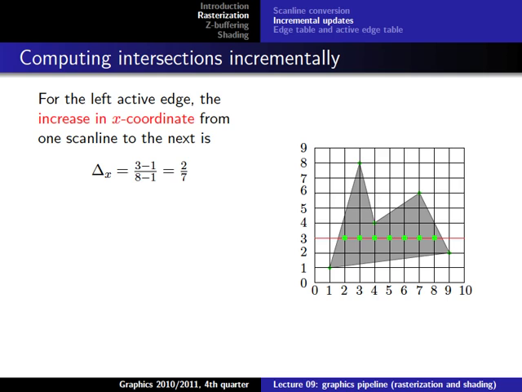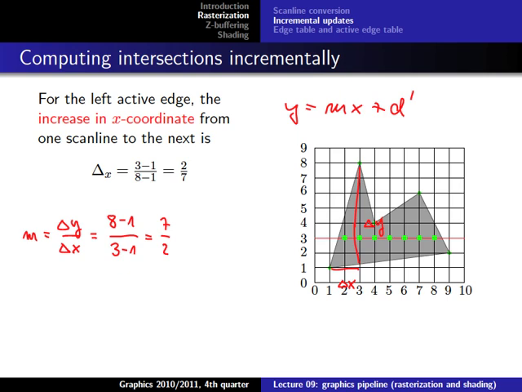If you look at the slope-intercept form, you have y is mx plus d, let's call it d dash again, and the slope is defined as follows: if you draw a triangle here, for example, this is a delta y and this is a delta x, and the slope m is defined as delta y divided by delta x, which in this case is 8 minus 1 divided by 3 minus 1, so 7/2.